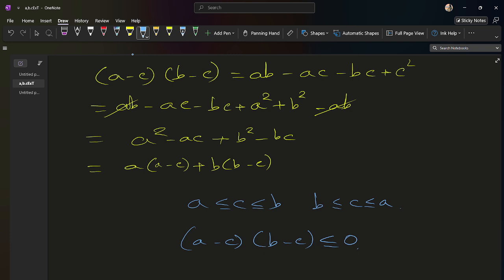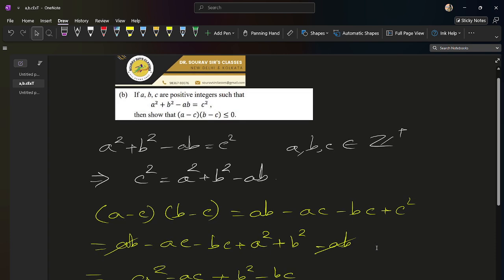And if c lies between b and a, a minus c will be positive and b minus c will be negative, so we get a negative result.